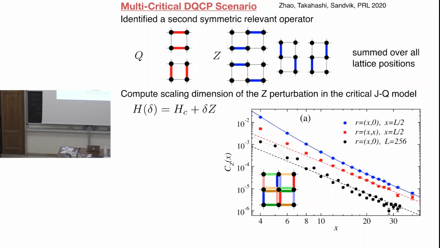And then, as a function of the distance, we can measure it in different ways, either on a horizontal or vertical line at largest distance, or in our biggest system along some axis. And these all seem to be consistent with the same decay.